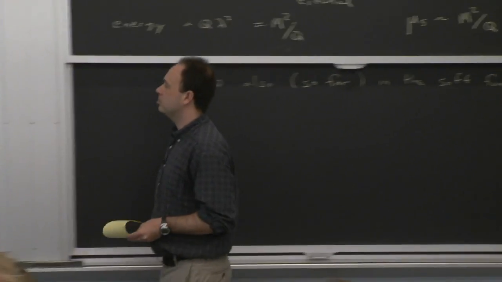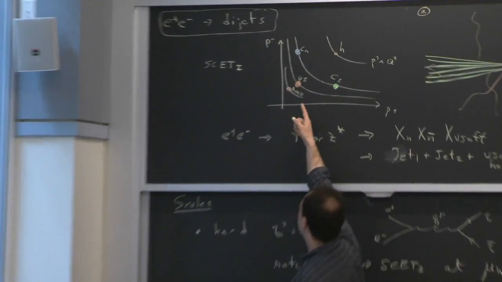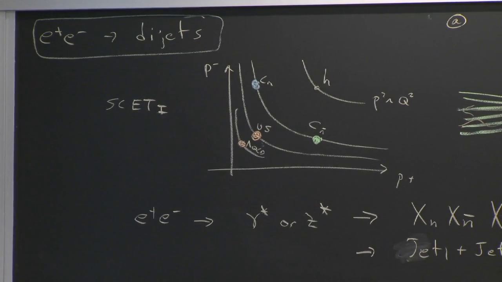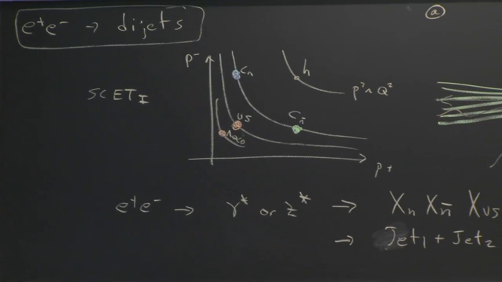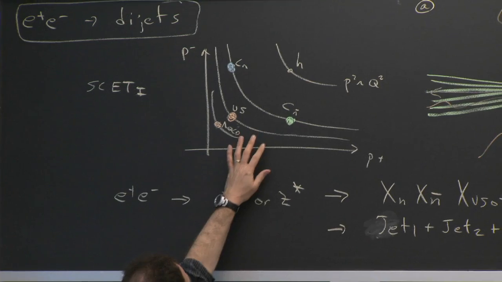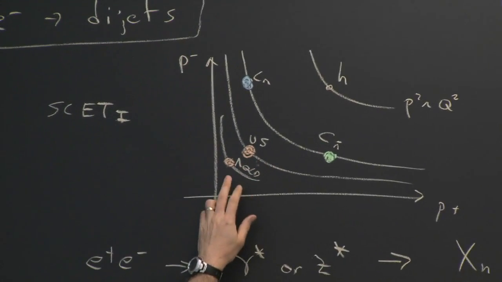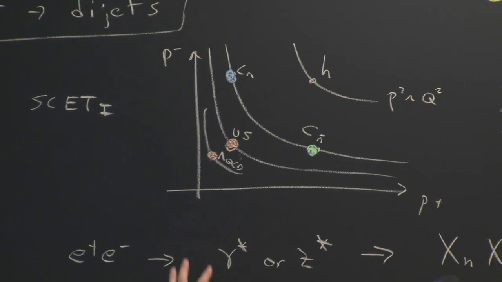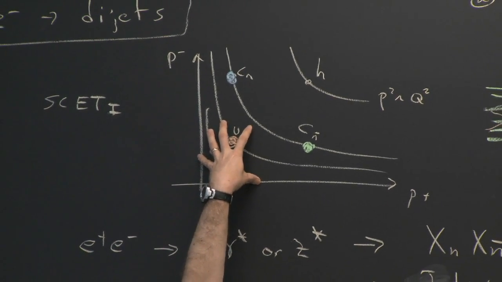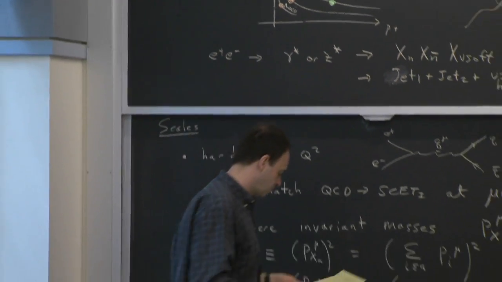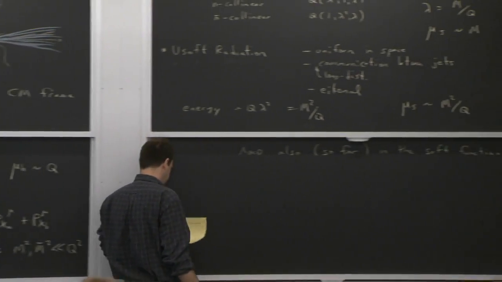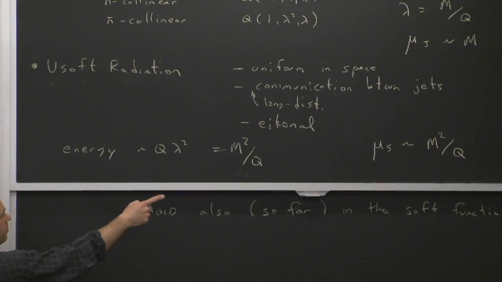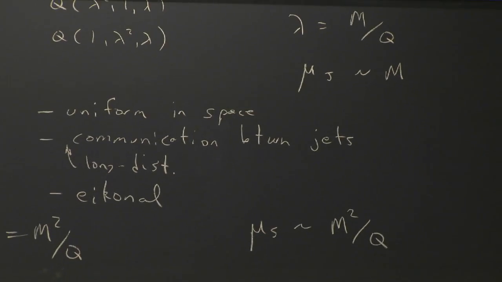So if we go back to our picture over here, that's why I put both the Ultrasoft mode that sat up on this hyperbola, which is this mu over m squared over q line, and I also made orange this lambda QCD because they're together. You can think of it as just that there are some modes that are capturing this entire region, which are the Ultrasoft modes.